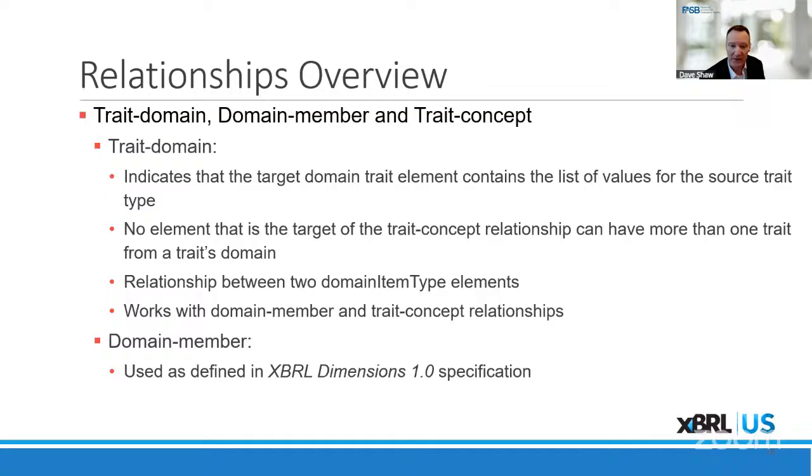When you're doing any sort of dimensional breakdown, you have a domain with its set of members, which is the hierarchical representation of what the values can be reported against, and we're using that in a similar fashion for this purpose.